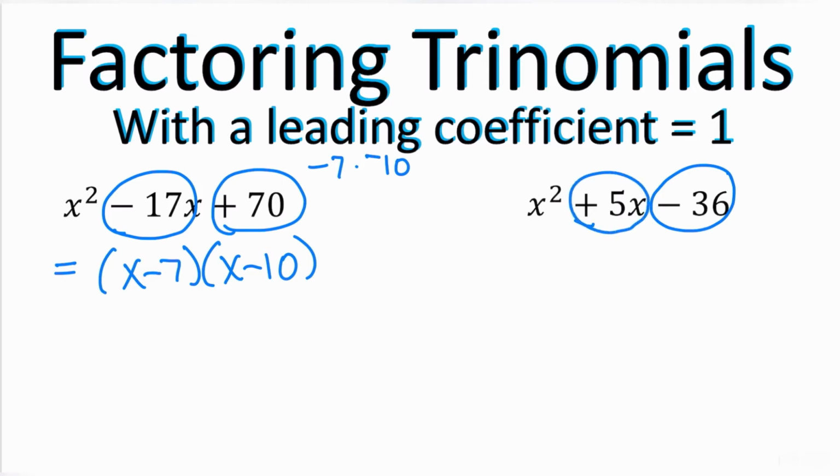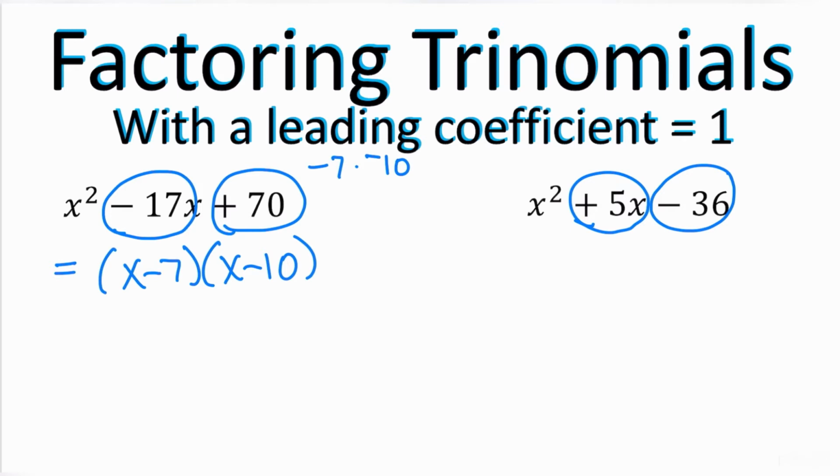Because it has to multiply to give me a negative 36, that tells me one number has to be positive and one number has to be negative. Because if you multiply two positive numbers, you're going to end up with a positive answer. If you multiply two negative numbers, you're also going to end up with a positive answer. So in this case, it has to be one positive number times one negative number, and that's going to give me the negative 36 that I'm looking for. I just have to determine what those numbers are.